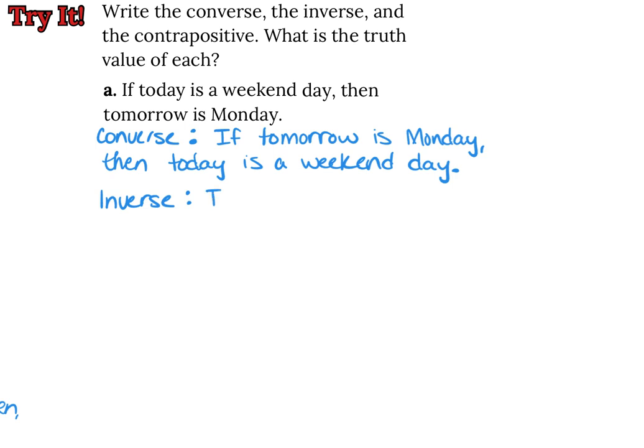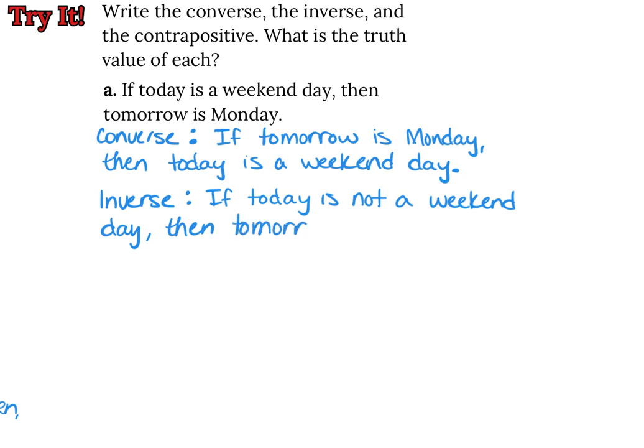So if today is not a weekend day, then tomorrow is not Monday.